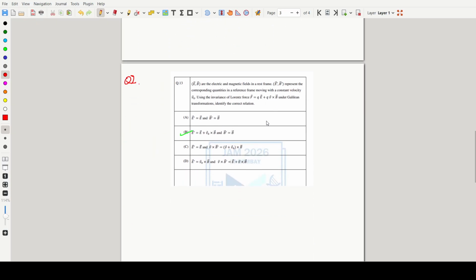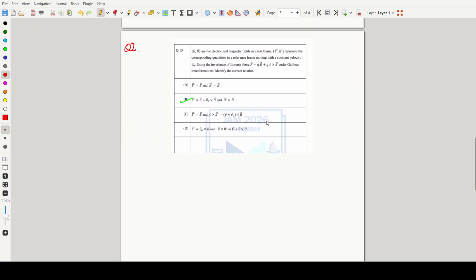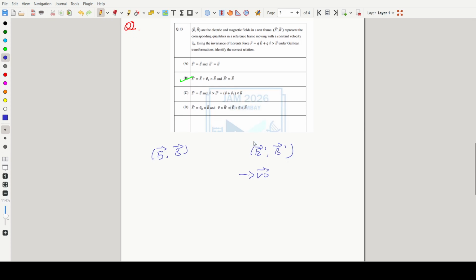Now we'll move to problem number two. I've been given that my fields are E and B in the rest frame, and E prime and B prime in a moving frame. This moving frame is moving with a velocity vector v naught, and they've given me that through Galilean transformation, the Lorentz force is invariant.